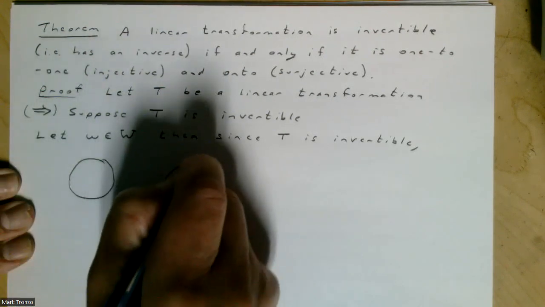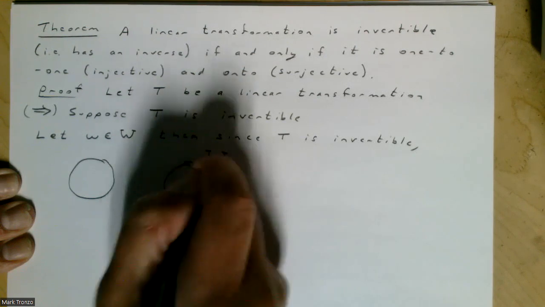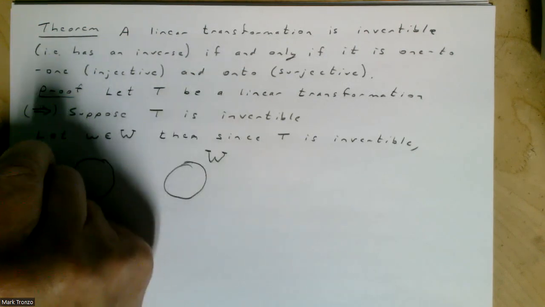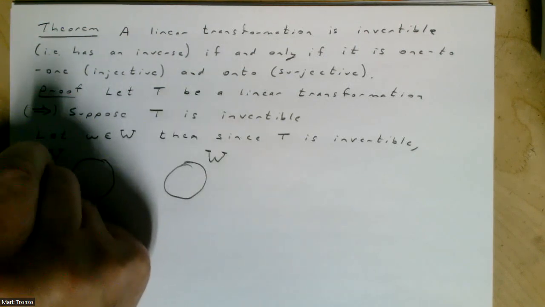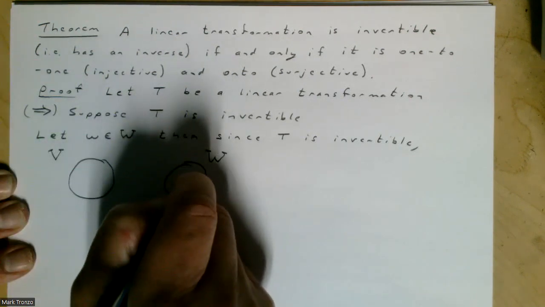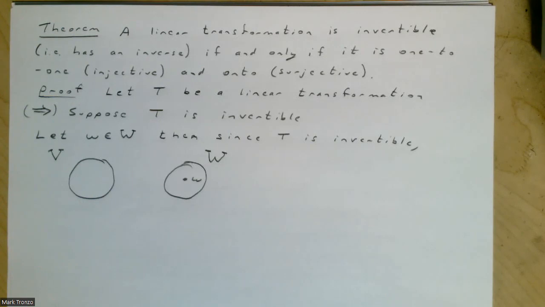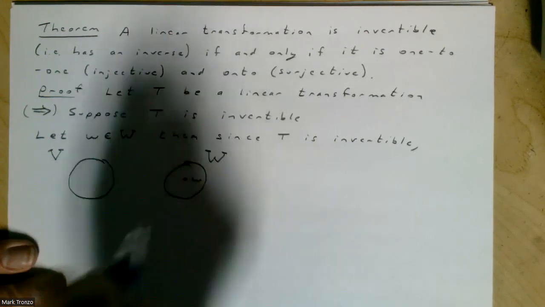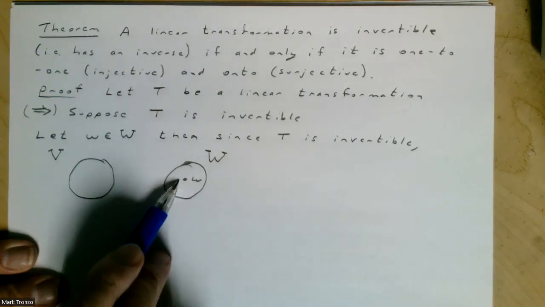So over here, let's say you have your space W. Over here you have V. And you have picked something in W. But now since T is invertible, that it has an inverse, that means we can go the other direction.